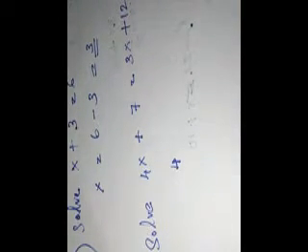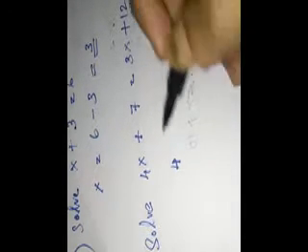Okay, now moving on to the next question. All these are quite simple, right? All of you know how to do it. Solve 4x plus 7 is equal to 3x plus 12. Here both the x terms and the numbers have to be brought to one side.